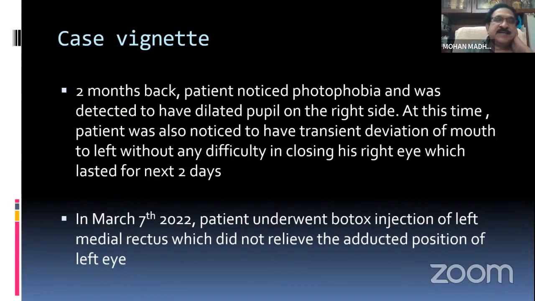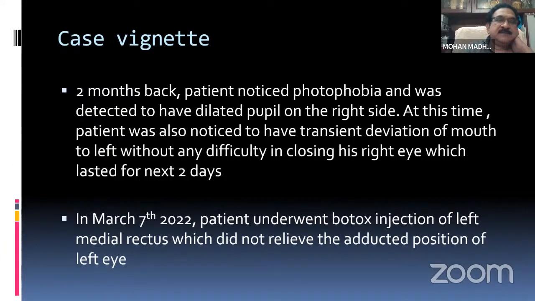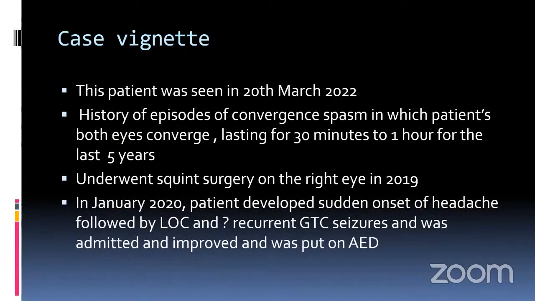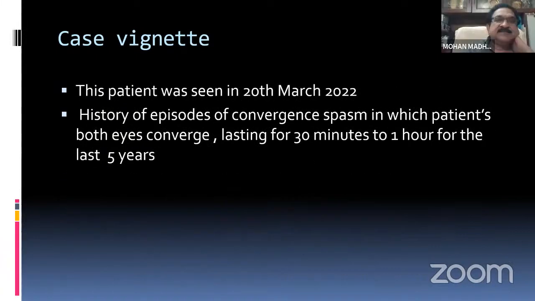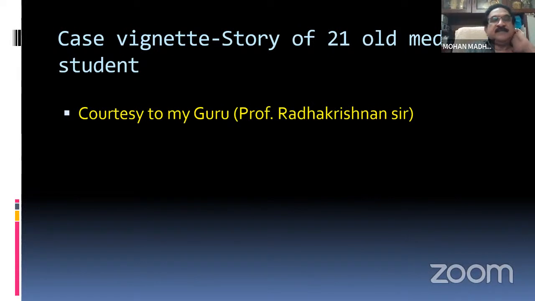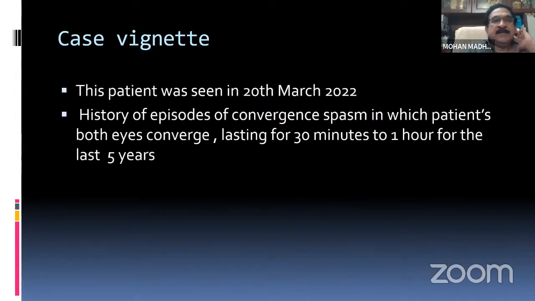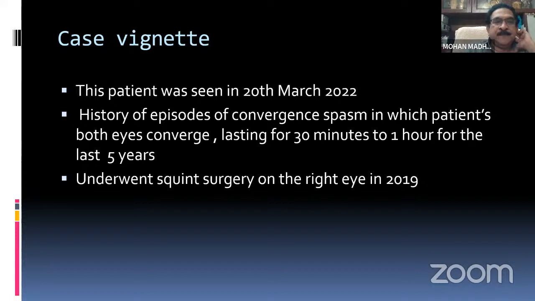Now, do you want to hear the history once again? Yes, sir. Okay. So this patient is a 21-year-old medical student. History of episodes of convergent spasm lasting for minutes to 30 minutes, 1 hour for the last 5 years. Underwent skin surgery.